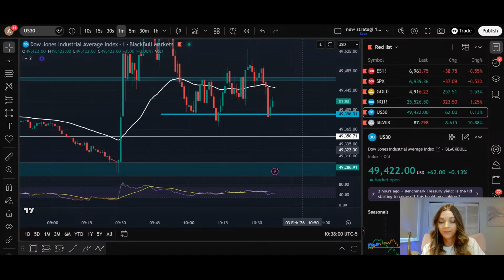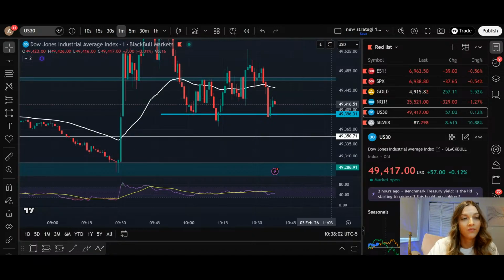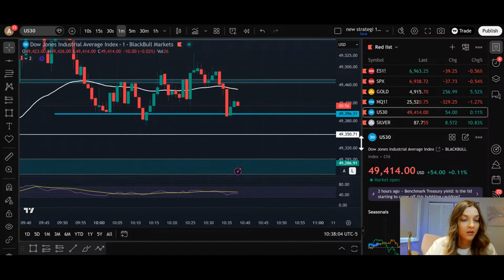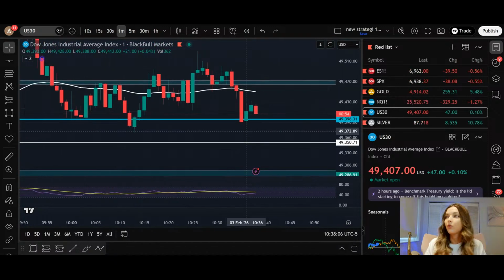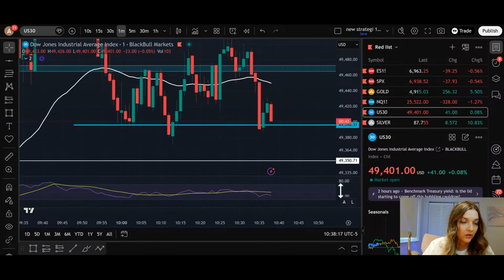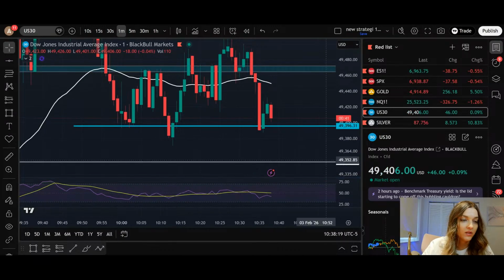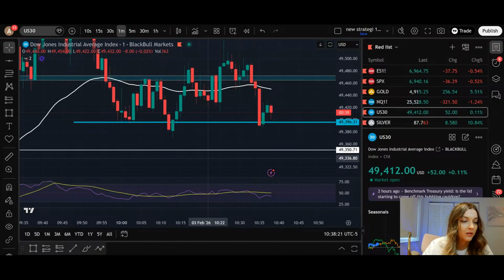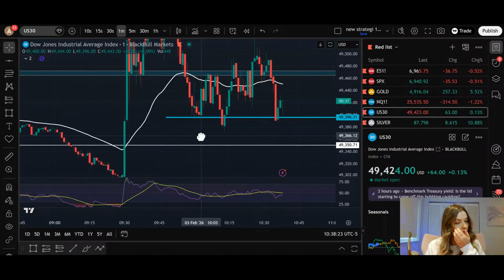If you have a good strategy, the losses are gonna be lower than the winners. Make sure you risk how much you can risk. Don't risk more.